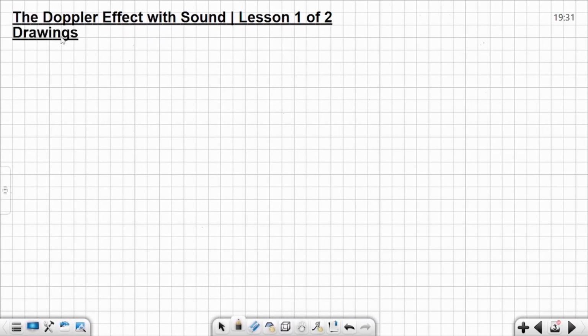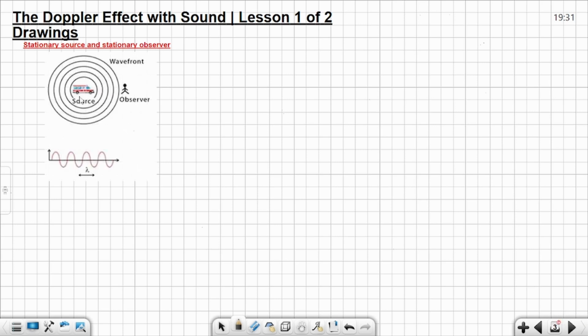Let's look at some drawings where we can illustrate how the sound waves are produced. The first scenario is that of a stationary source and a stationary observer. You have your source, which is the ambulance, and this ambulance has a siren which is emitting a sound.